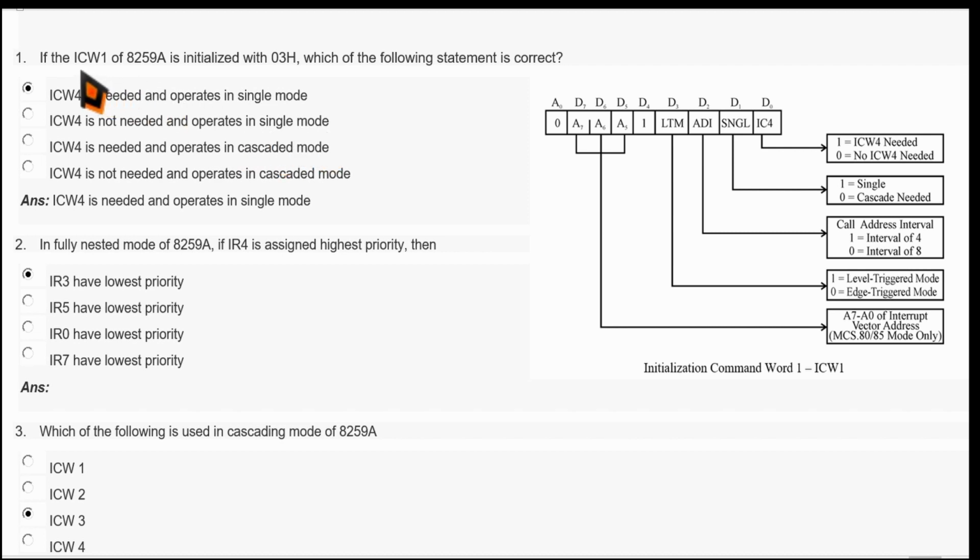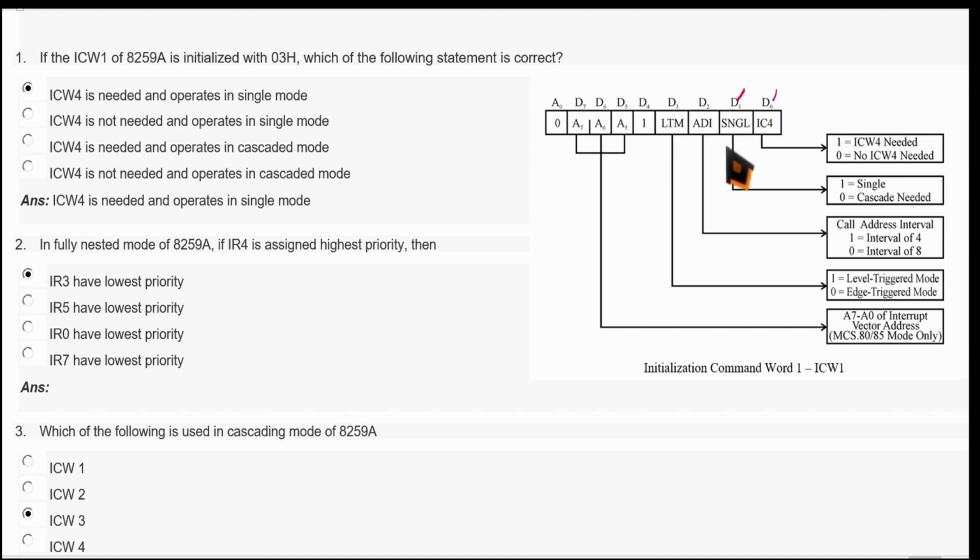See, this question is about ICW1. So we have to know the format of ICW1. Here, this bit D0 should be 1 if ICW4 is needed, or it should be 0 if ICW4 is not needed.